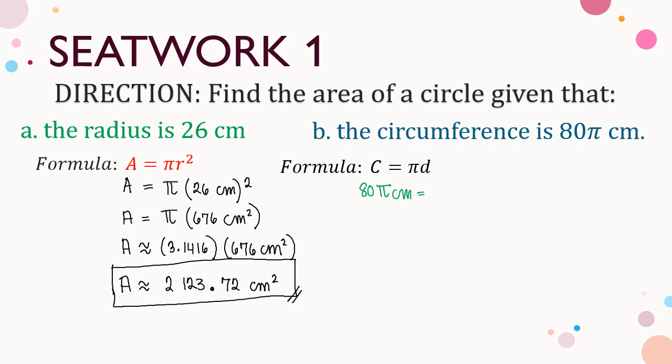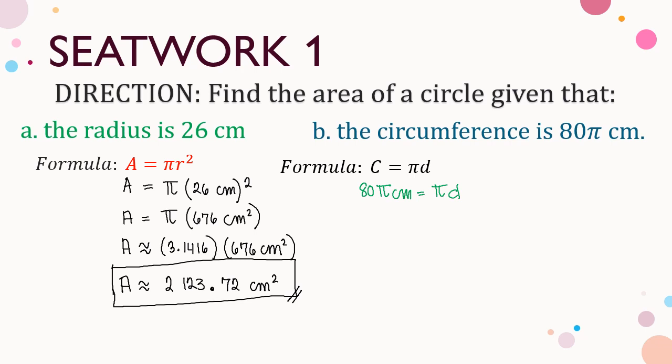centimeters equals, we do have our pi d. Here, our target is to get the value of diameter. And of course, we all know through diameter, we can get the value of radius easily, because diameter is twice our radius, or vice versa, half of our diameter is considered our radius already.